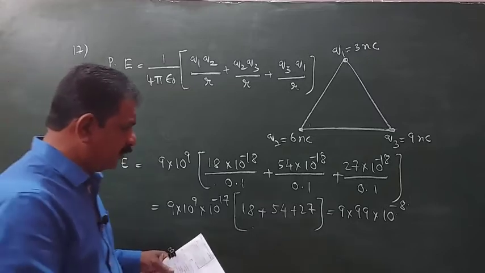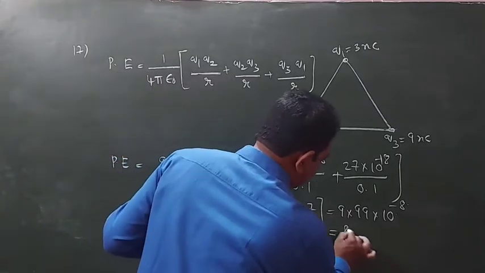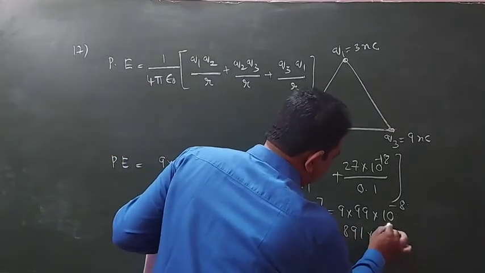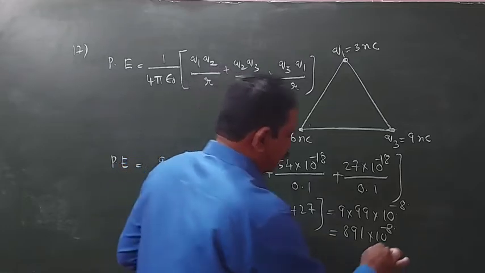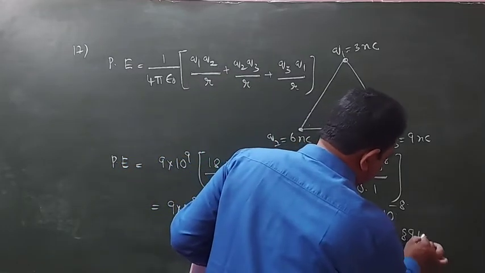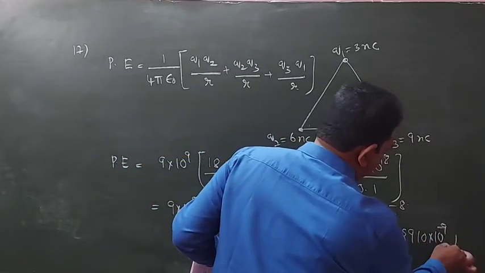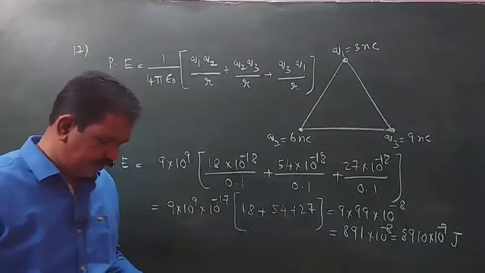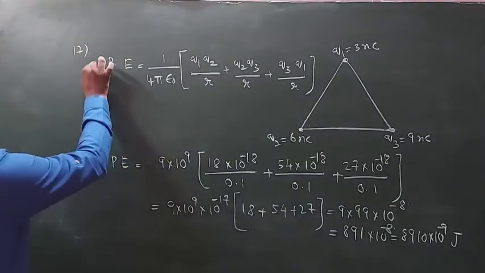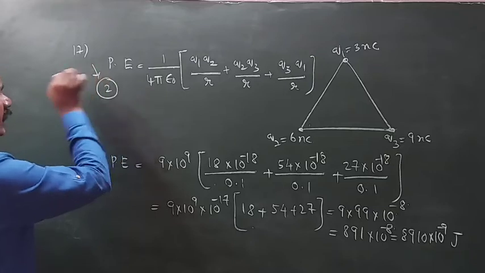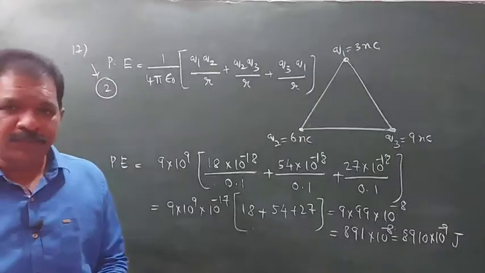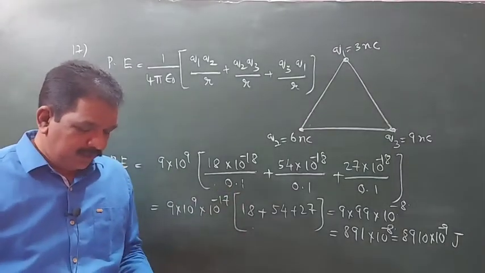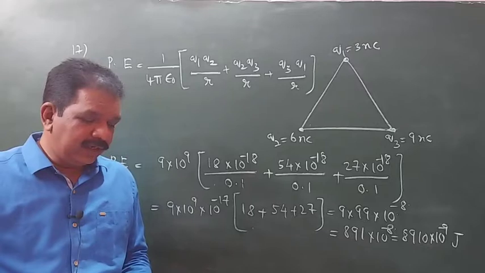This multiplication will be 891 into 10 power minus 8, or 8910 into 10 power minus 9 joules. So question 17, it will be the second option. Clear? Simple problems only. Next, 18th, you see.